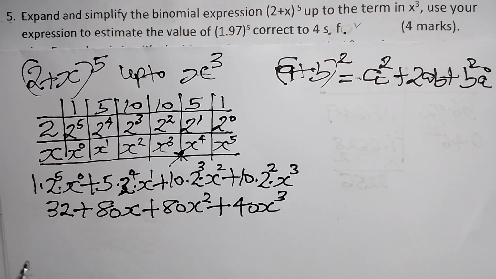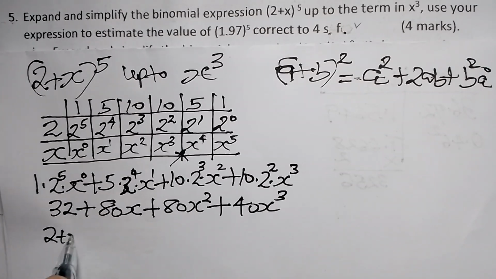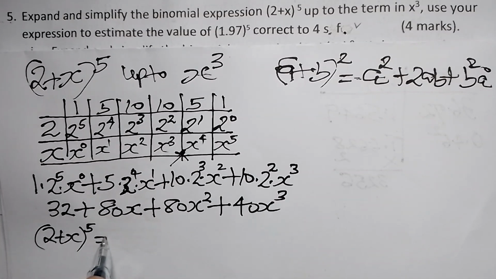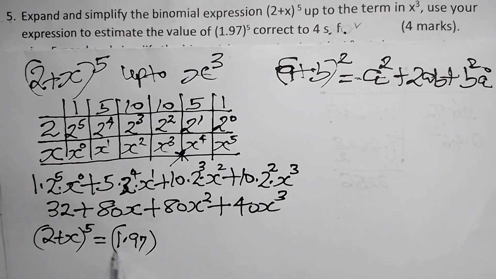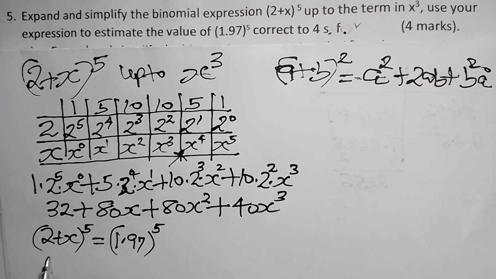Now, we take our first expression, (2 + x)^5, and compare it to 1.97 raised to power 5. So we ask ourselves, what can we subtract from 2 to get 1.97?